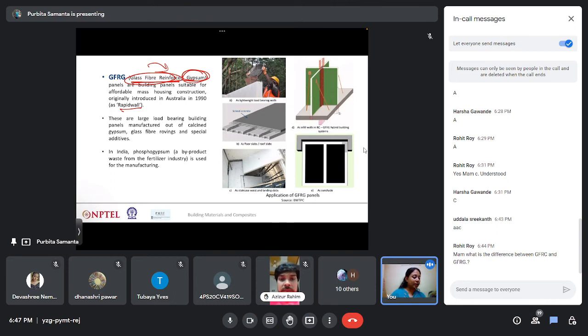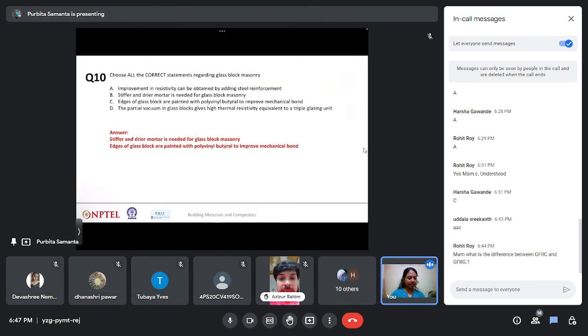Since it's lightweight, it can be used for load bearing walls, floor slabs or roof slabs. It can be used as staircase waist and landing slabs as well, and as sunshades or chajjas, whatever you want to call them. I hope this GFRG topic is clear.